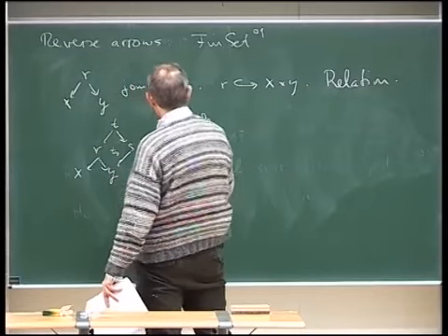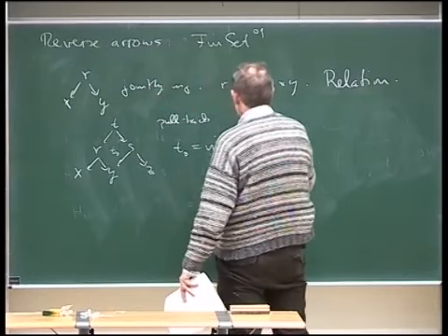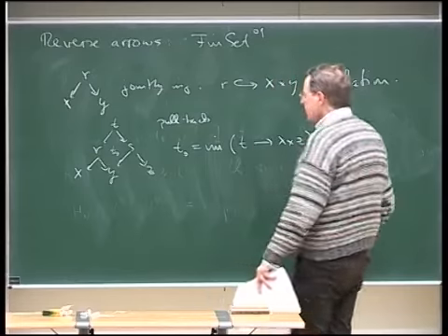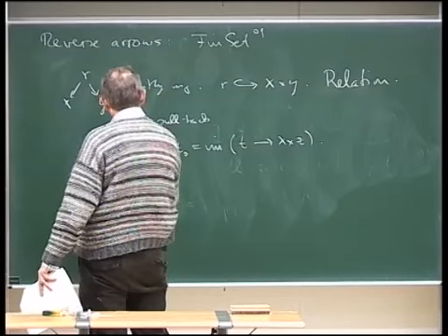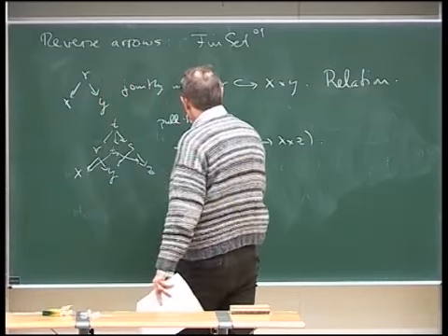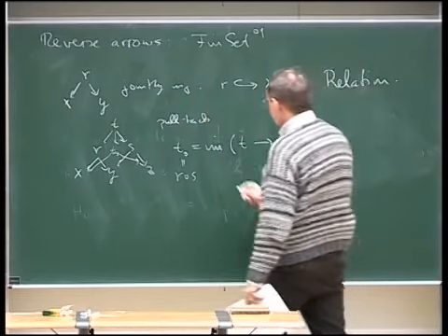Let's call this T0, the image of T in x cross z. Then we have a new relation. And this is called the product of R and S, R circle S.